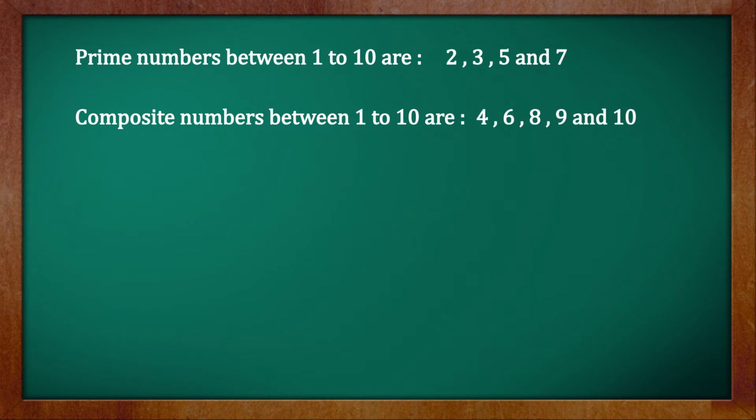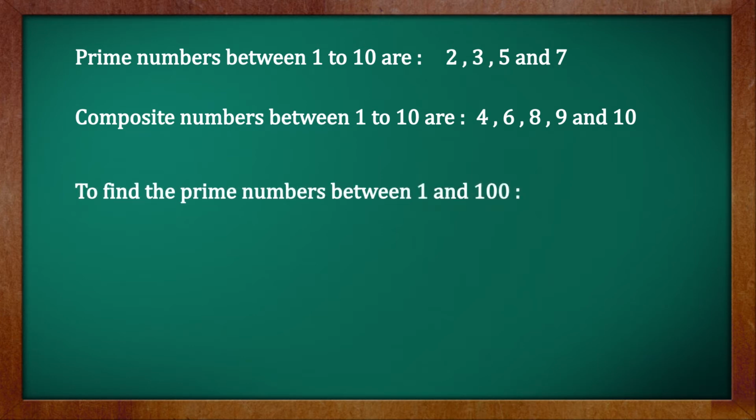Classifying the prime and composite numbers between 1 to 10 by listing the number of factors that each number has was easy because it was a set of only 10 numbers. Using the same method to find the prime numbers between 1 to 100 will not be that easy.